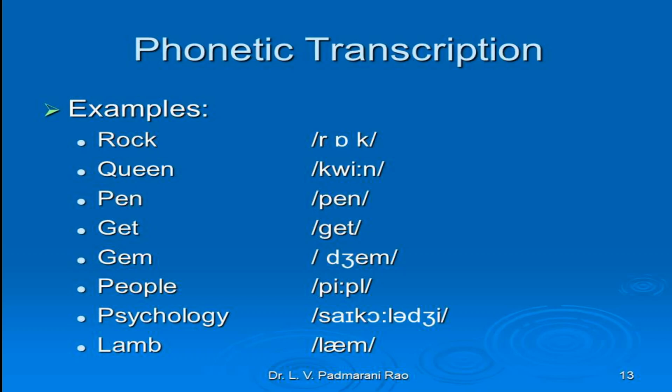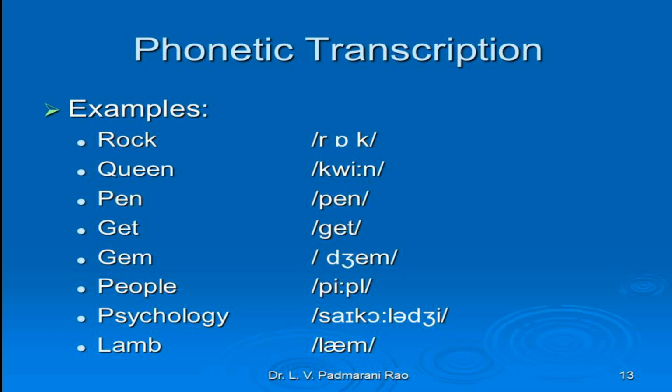Similarly, QUEEN. The pronunciation of it is queen. K sound, W sound, E sound, and N sound. So only 4 sounds are used in the pronunciation of 1, 2, 3, 4, 5 lettered queen.